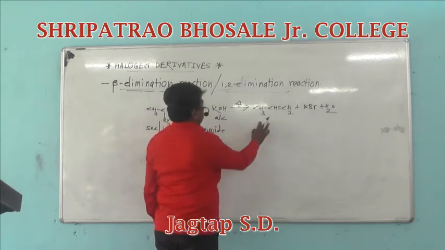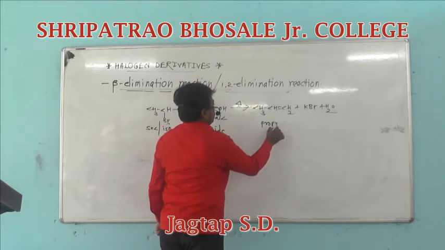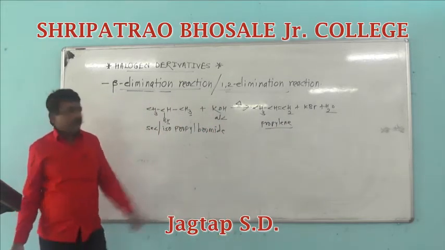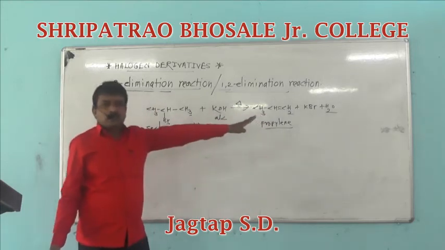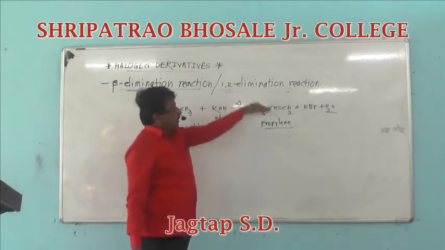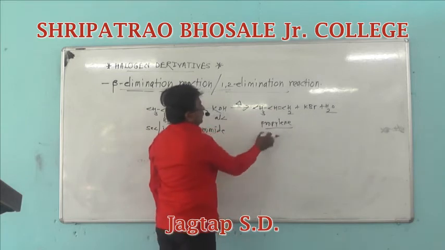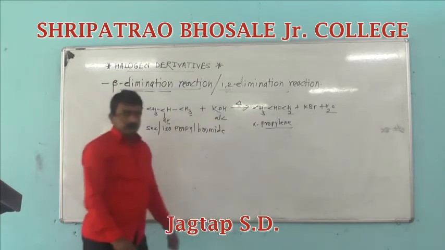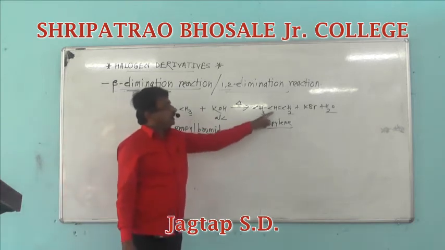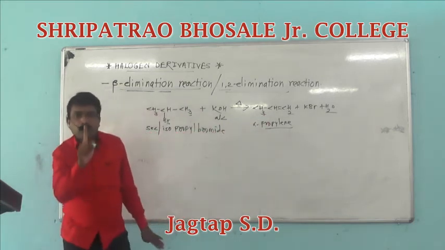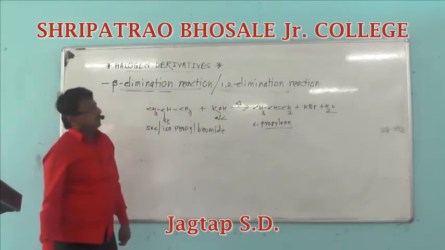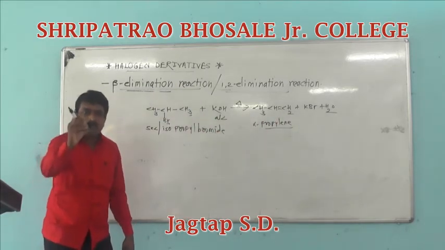The name of that compound is propylene, the common name. It does not show position isomerism. According to the common system, it is named propylene or alpha propylene. According to IUPAC, it is named propene. It gives the corresponding propylene along with potassium bromide and water.